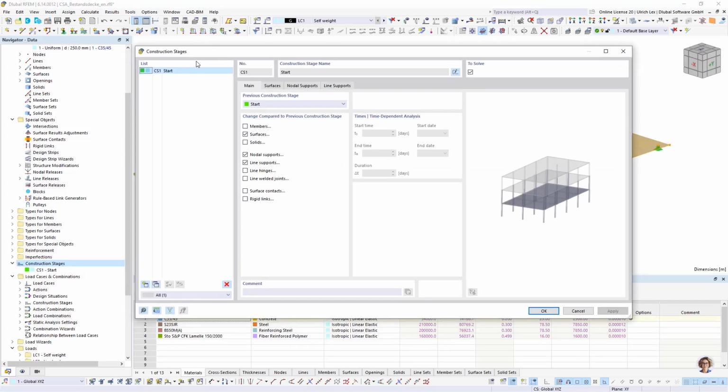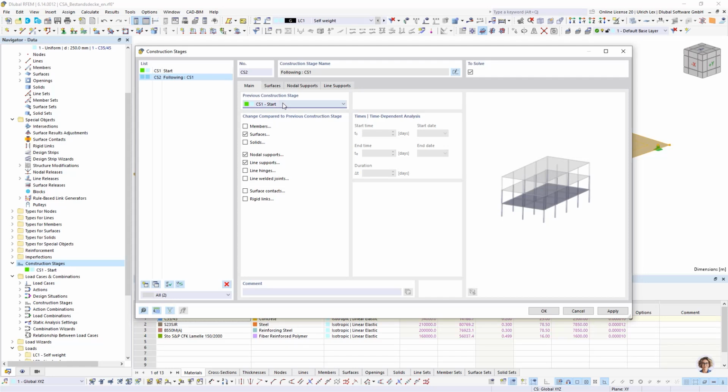Now I want to create my stage 2. I can create here a new stage. When I do this, I have the option to create a completely new stage where I do not consider any previous stage. I can change here from start, or I can use a previous stage.